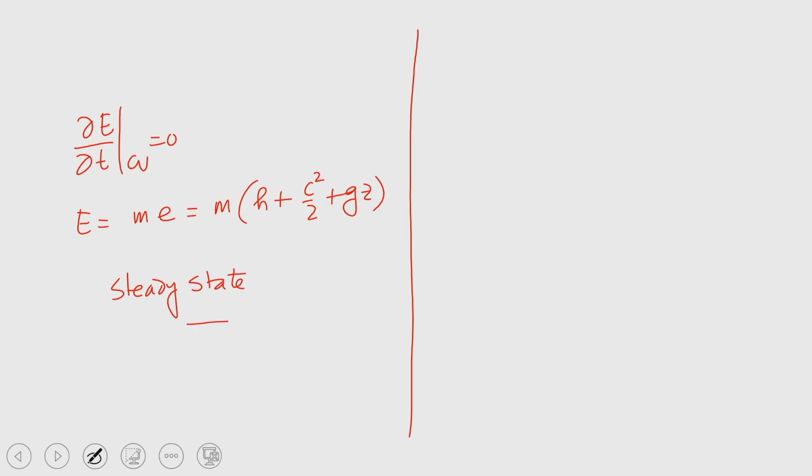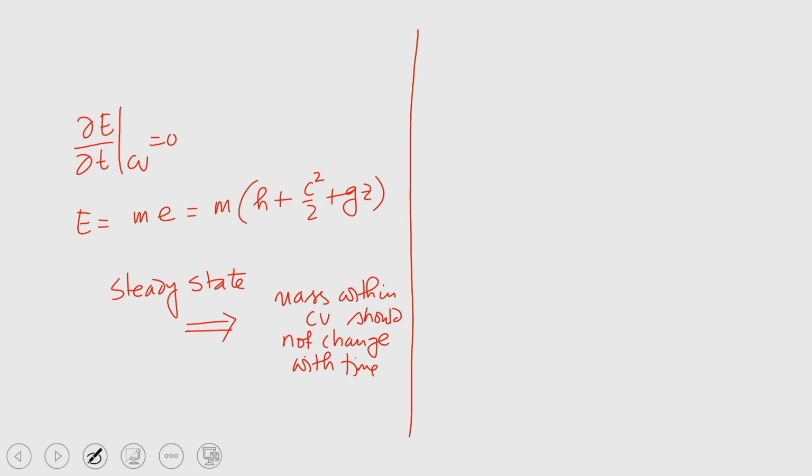So, the steady state requires that the mass within the control volume should not change with time. Will it suffice?